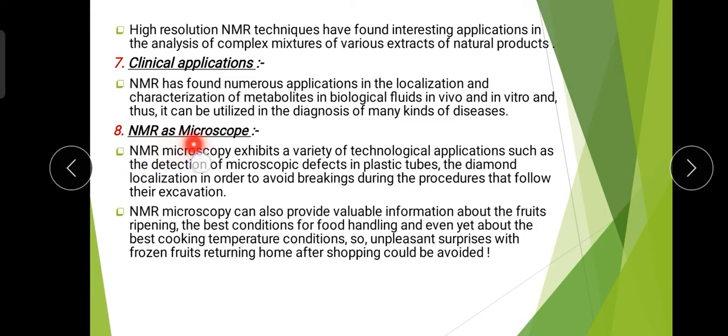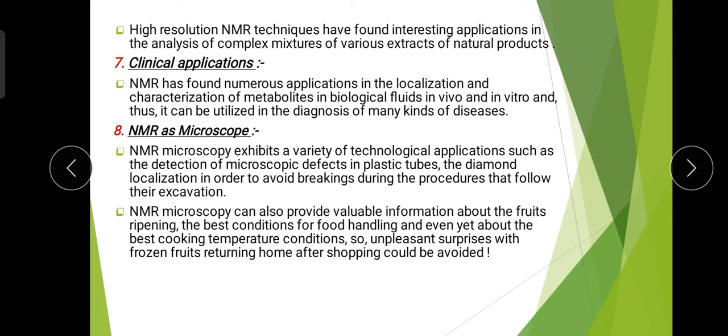Now NMR acts as a microscope. That means with the help of NMR we can study at a very microscopic level. NMR spectroscopy exhibits a variety of technological applications such as the detection of microscopic defects in plastic tubes, and diamond localization in order to avoid breakings during the procedures that follow their excavation. So this is the application of the NMR microscope.